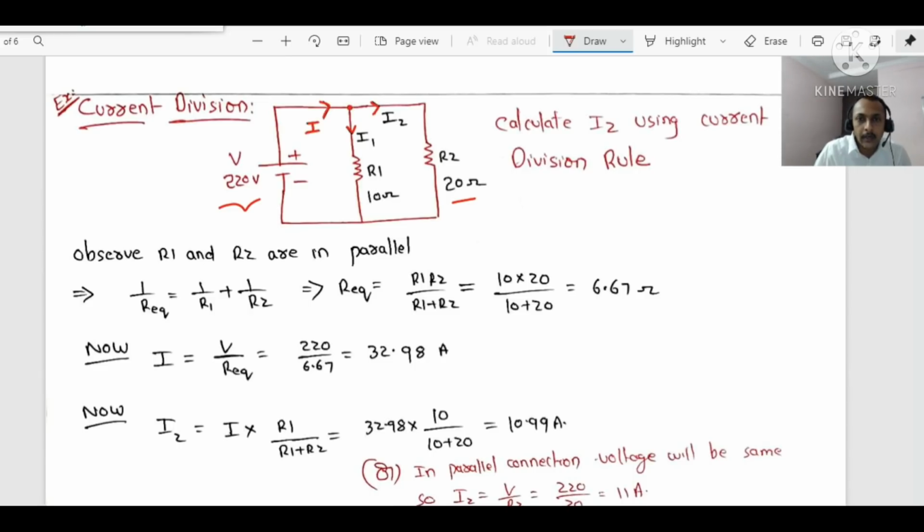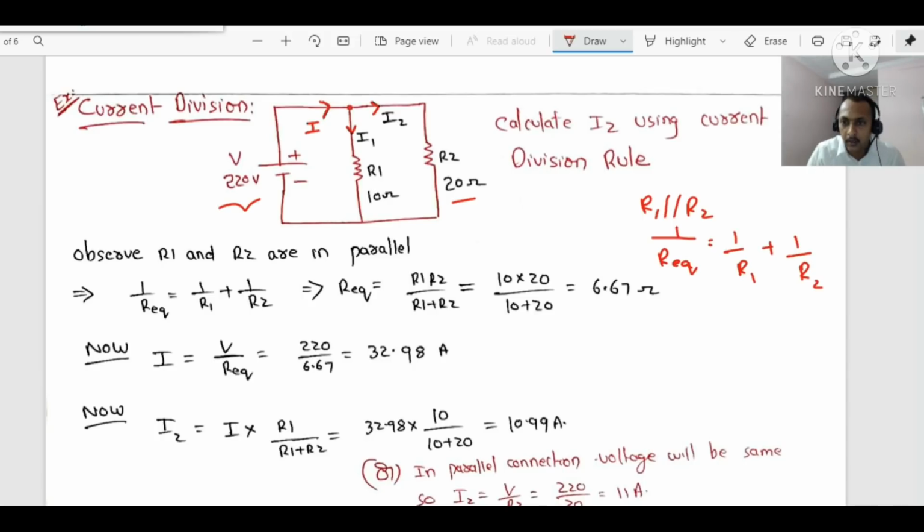At this node point, as it is current division rule, apply the KCL, or no need of doing all the proof again. Directly we know, as these two resistors are in parallel, R1 is parallel to R2. So 1 by R equivalent equal to 1 divided by R1 plus 1 divided by R2.